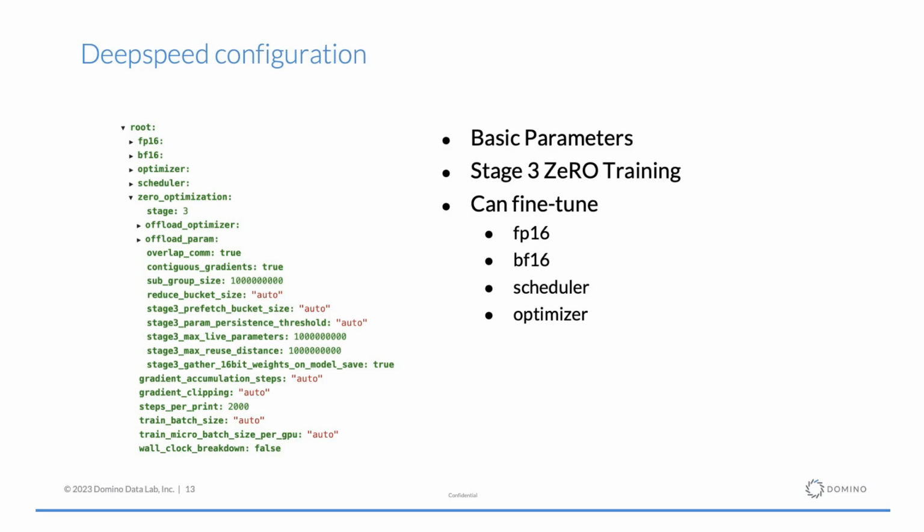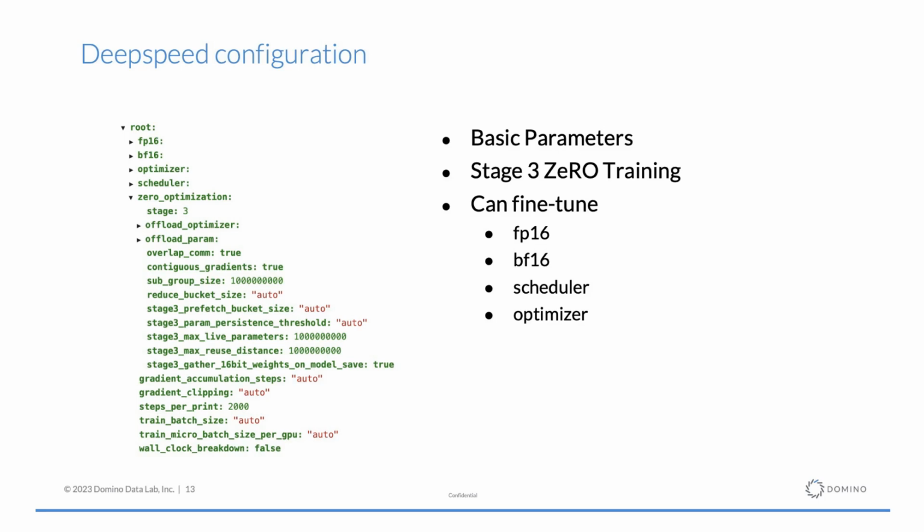But typically, you would run a few experiments to see what works well for you. But out of the box, auto works well too. If you want to get more performance out, then go ahead and tweak these parameters. All of this is fairly well documented on the site. You can take a look, but these are more or less the most important parameters that you would use.